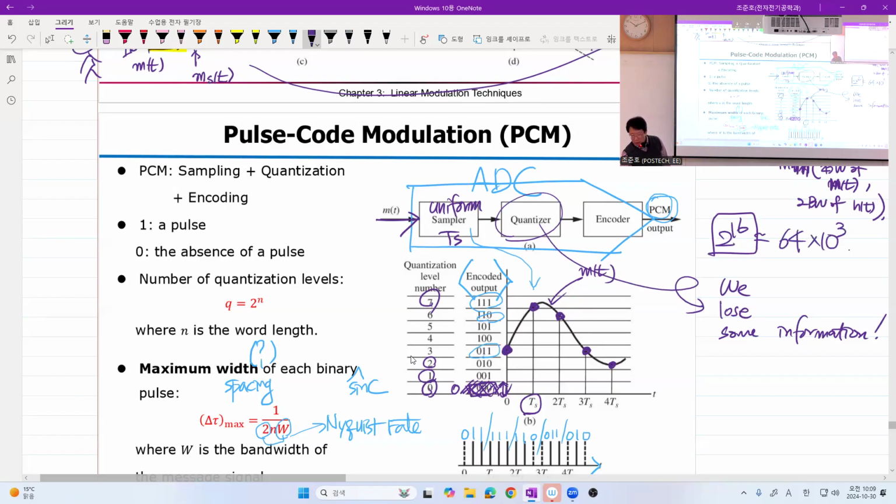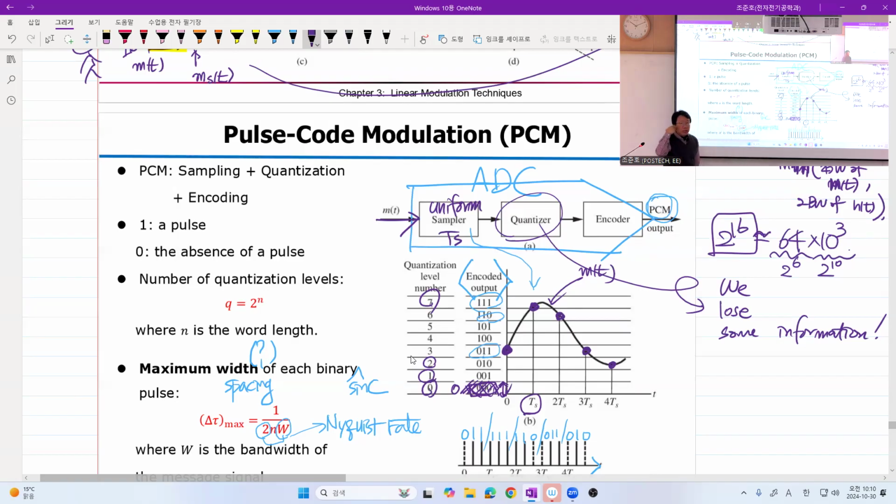So you have around 64,000 levels, because 2 to the 10 is approximately 10 to the 3. So these levels are very, how to say, laser thin.